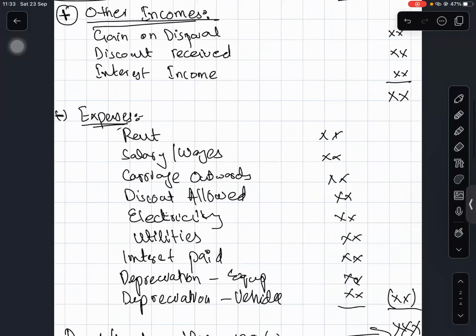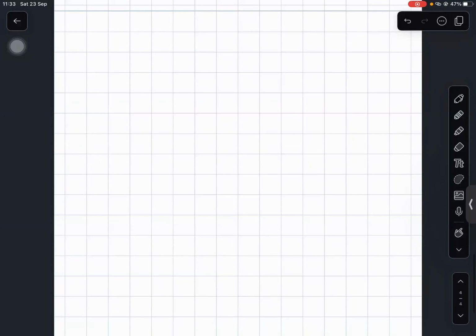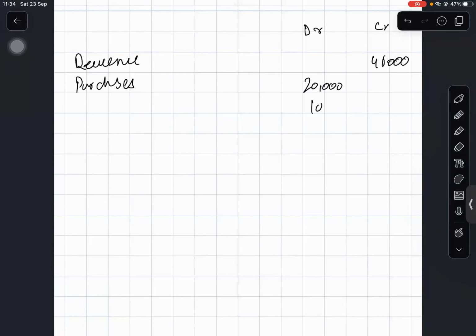Now try to do this example that is in your book. They have given you an extract of your trial balance where you have stuff like revenue, debit side and credit side. Revenue they have given you of 45,000. Then purchases of 20,000.